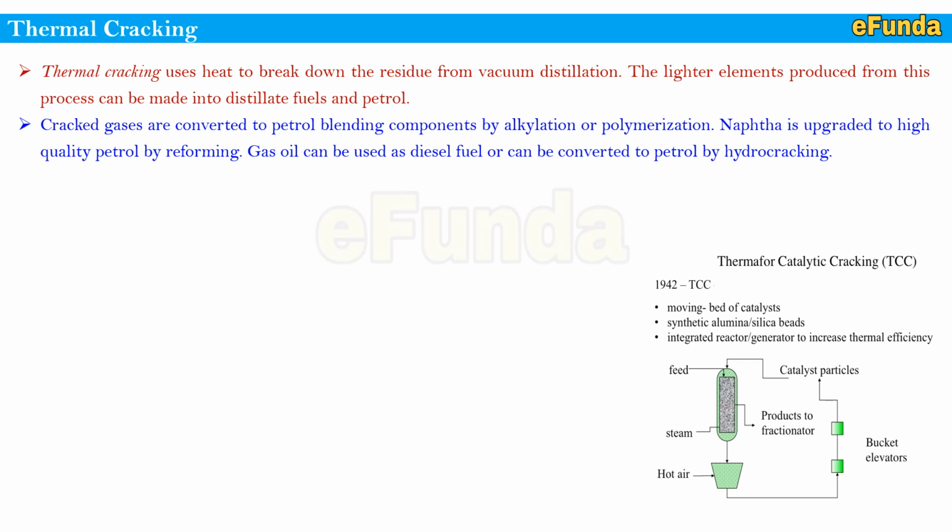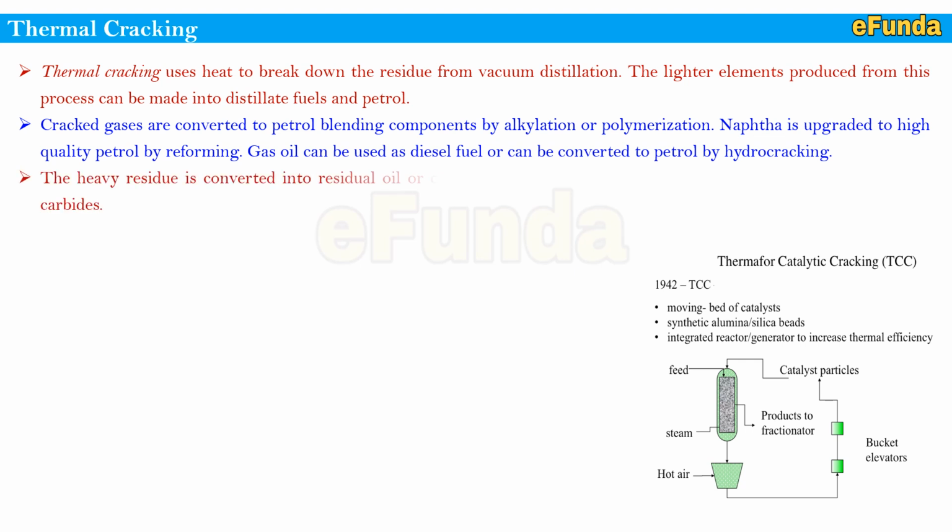As you can see in the picture, the feed enters and simultaneously steam is also given, and then the products are sent to the fractionator, and the catalyst particles are also added during the feed inlet stage. Then upon the processing, the hot air is mixed with the burnt coke catalyst, and then it is passed down to the bucket elevators, and so on. This process goes on.